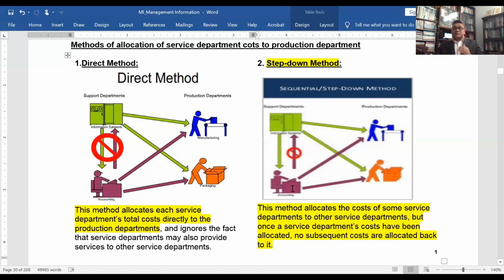But this service department also served that service department, which is ignored here. So this method allocates the cost of some service departments to other service departments, but once the service department's costs have been allocated, no subsequent costs are allocated back to it.